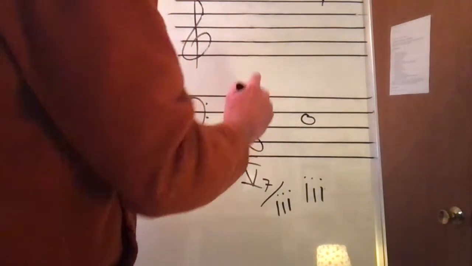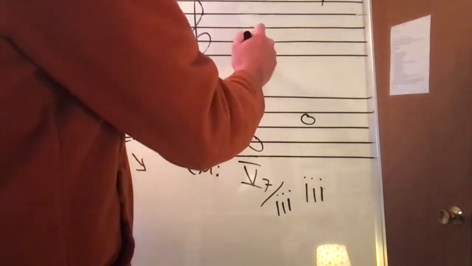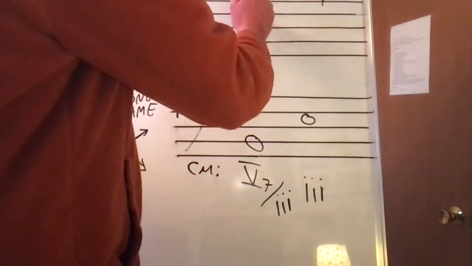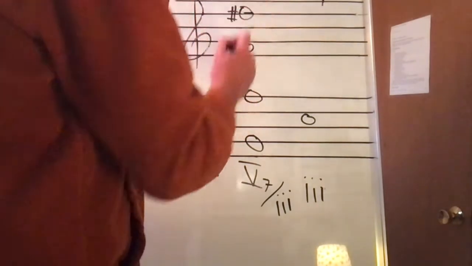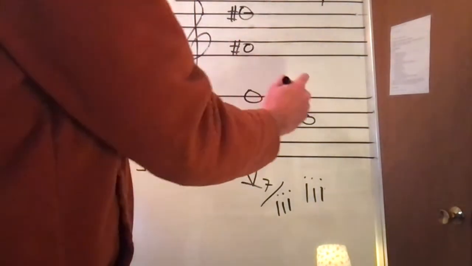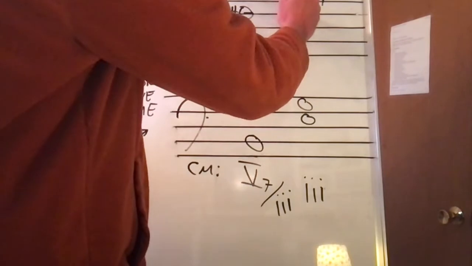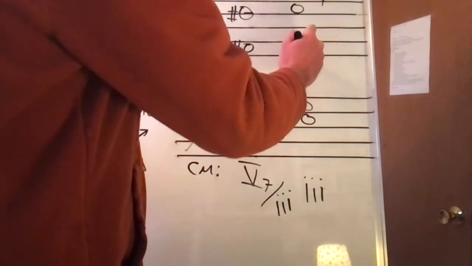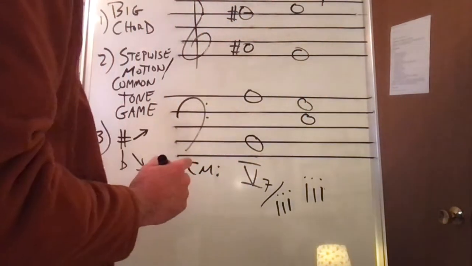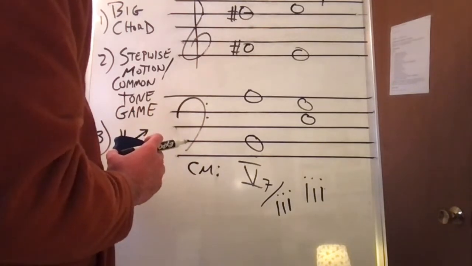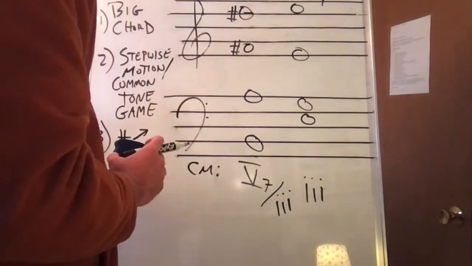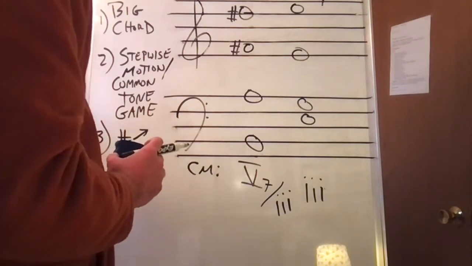And I'm just going to do this a little differently. So I need a B, D sharp, and an F sharp. My A goes down, D sharp is going to go up. And I'm going to go to the E here. So we've done the IV, the V, the ii, and the iii.